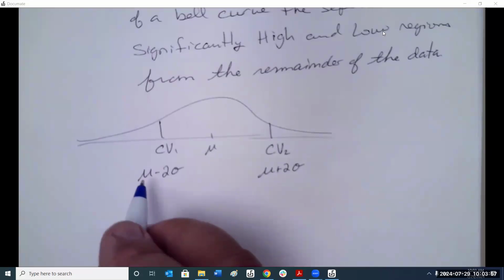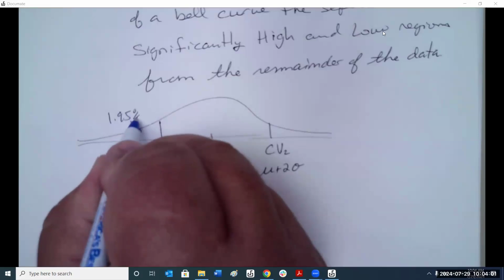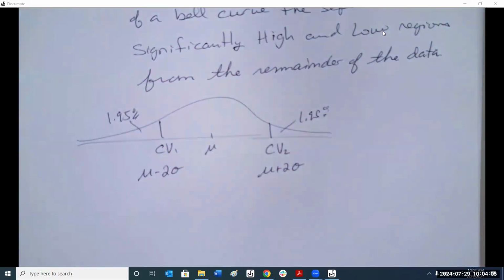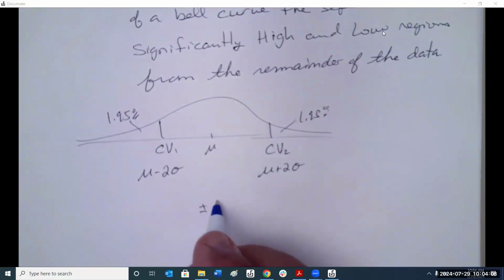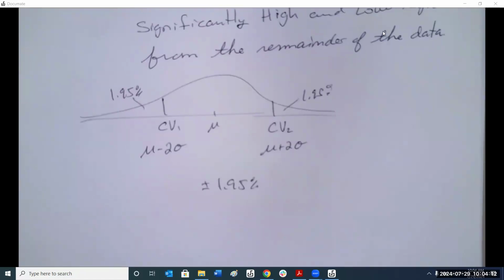Then we also talked about it as this was 1.95% and this was 1.95%. So we had plus or minus 1.95% for the confidence level.